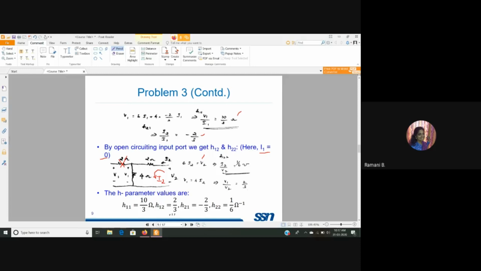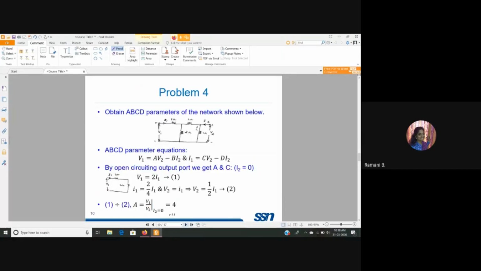So from this, you get I2 by V2 as 1 by 6 mho and V1 by V2 to be 2 by 3. Here you need to make the substitution, because we need the ratio for this. So we need to substitute for I2. So this will be V2 by 6. And so we get V1 by V2 to be 2 by 3. Okay. Like this, we find the H parameter values.